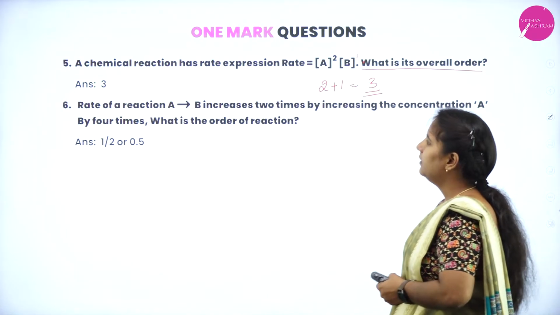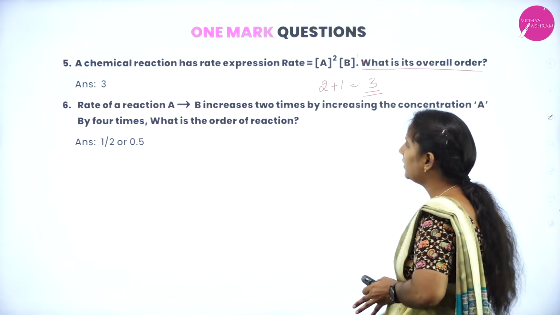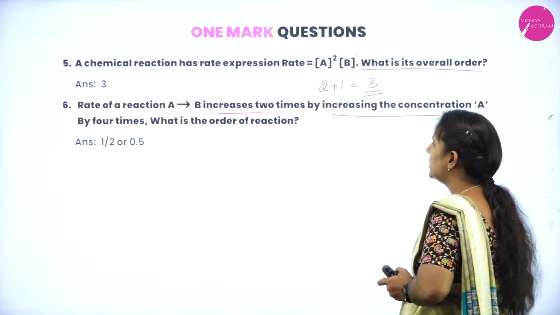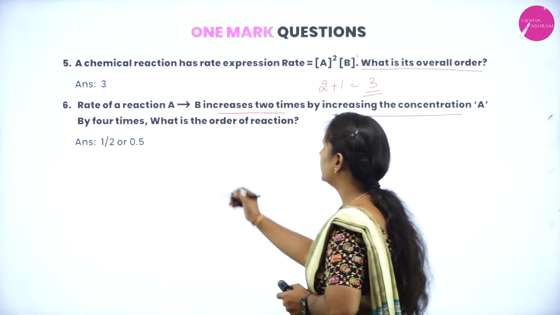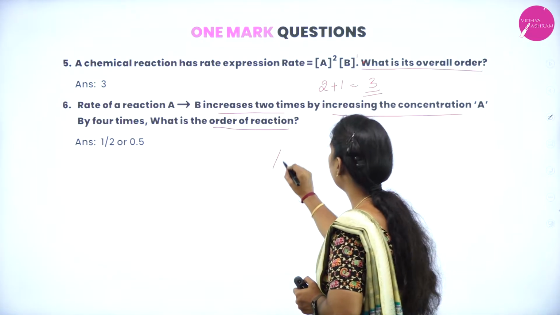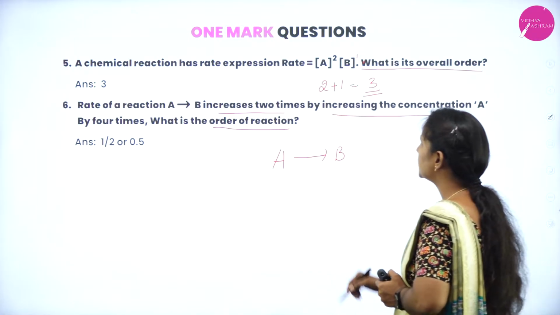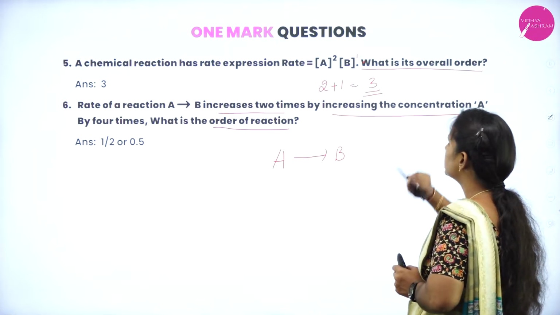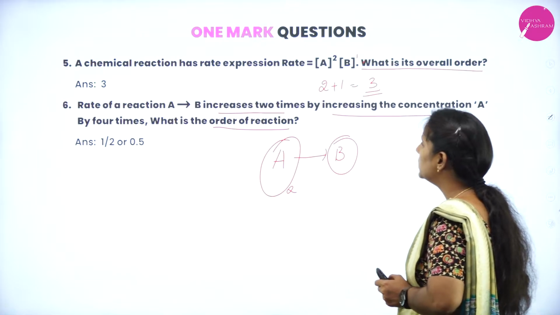Next, the rate of the reaction A giving rise to B increases 2 times by increasing the concentration of A by 4 times. What is its order of the reaction? You can see that they have given the rate of the reaction where A is giving rise to B, with the rate increasing 2 times when the concentration of A is increased 4 times.